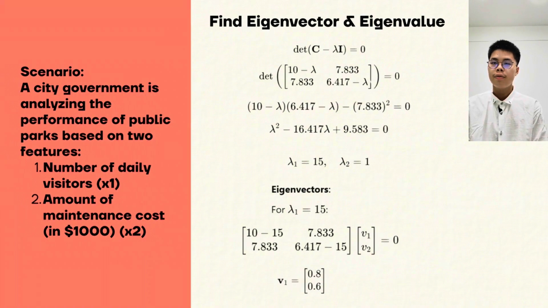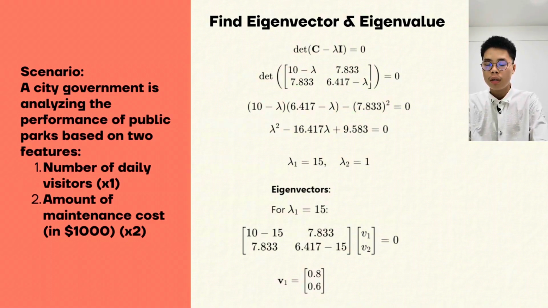The next step is to find the eigenvector and eigenvalue. To find the eigenvalue, as we learned during class, you subtract the matrix from the identity times the eigenvalue lambda, and find the determinant of that. After that, we will get a quadratic equation. From the quadratic equation, we can get lambda 1 and lambda 2, which are the eigenvalues. Here lambda 1 is 15 and lambda 2 is 1.